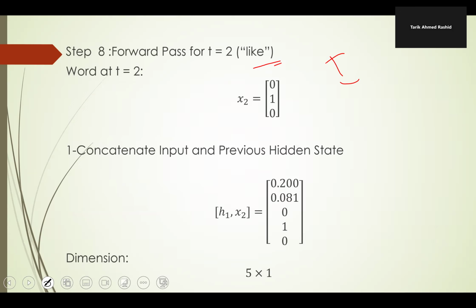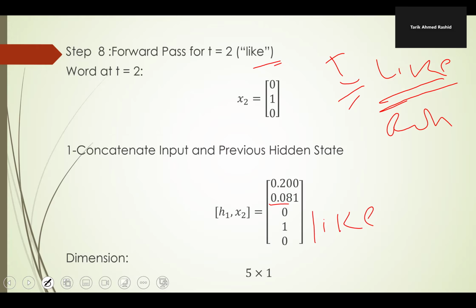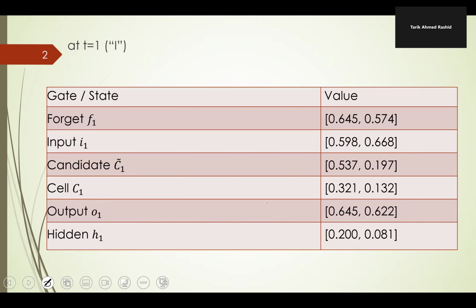Now, concatenate H and X2. X2 is 0, 1, 0, which is for the word "like." And this part is H at the previous state, which was here.